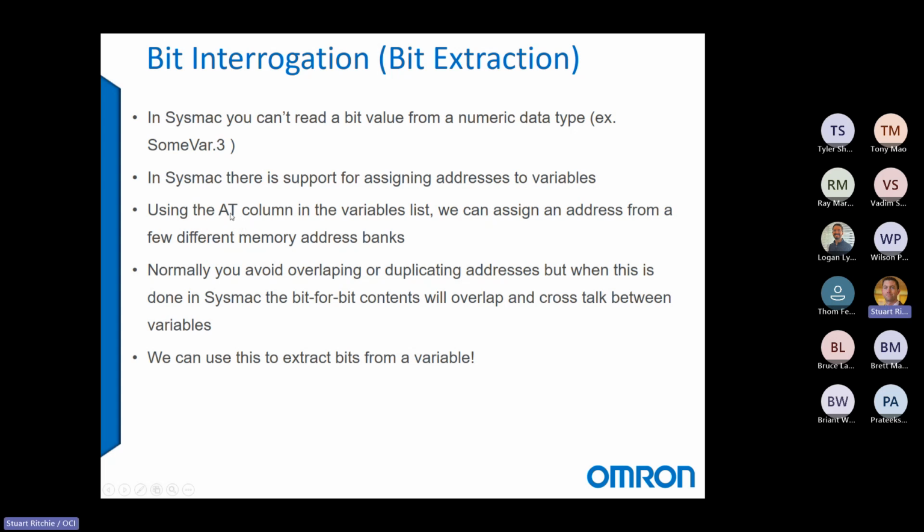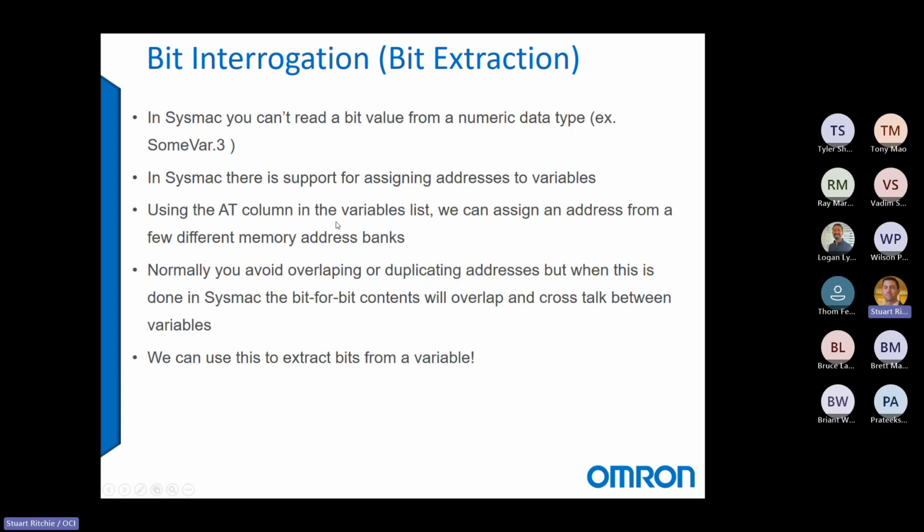And when we assign the same address to multiple variables, the bits within those variables will be duplicated across whichever variables have the overlapping addresses. So this will be more clear once we actually do a demo of this. Normally in an address-based platform, you avoid overlapping addresses or duplicating them. But we can actually use this to our advantage in a situation like this. And it doesn't only work for bits. We can actually use this to duplicate the contents of variables bit for bit if we wanted to.